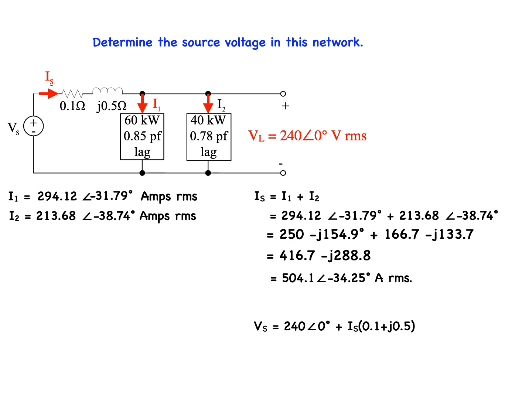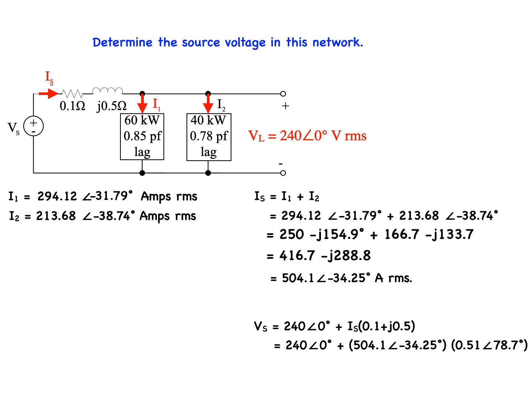We know the value of Is, so we can plug that into the equation. And that equals 504.1 at minus 34.25 degrees times 0.51 at 78.7 degrees plus 240 at 0 degrees.